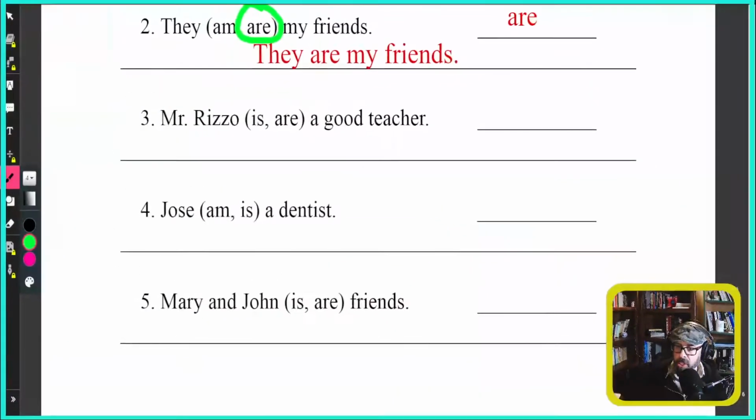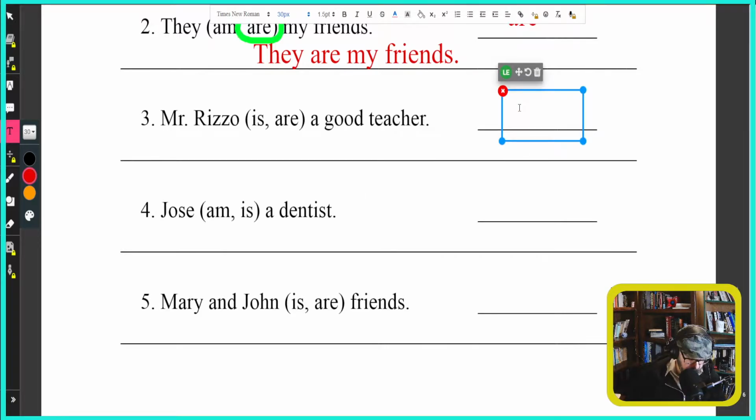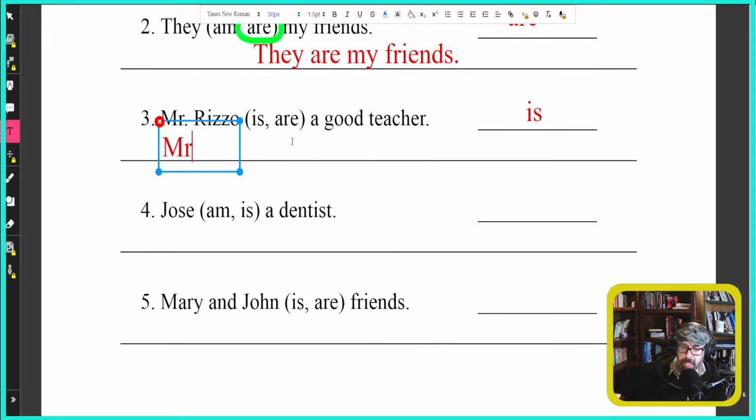Let's go back to the sheet and fix the sheet to have the same thing. Number 3. Mr. Rizzo is or are a good teacher. We said Mr. Rizzo is a good teacher. So correct answer, is. Copying the correct statement.